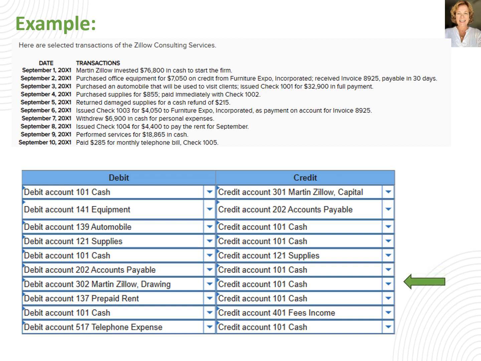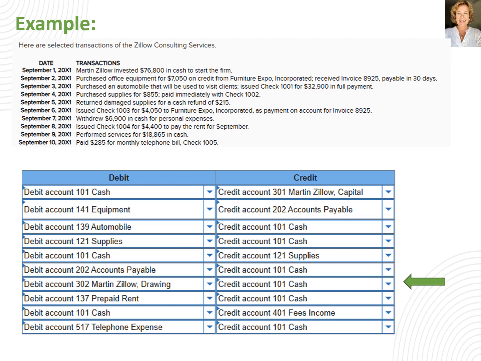On September 7th, Martin Zillow withdrew $6,900 for personal expenses. The company now has less obligations to the owner of the business. We previously recorded the obligation as owner's equity, and now owner's equity decreased. Owner's equity increases with credits and decreases with debits.